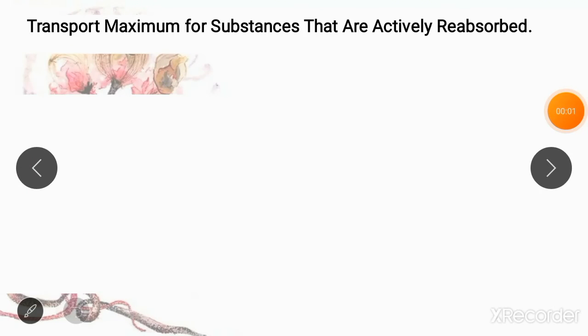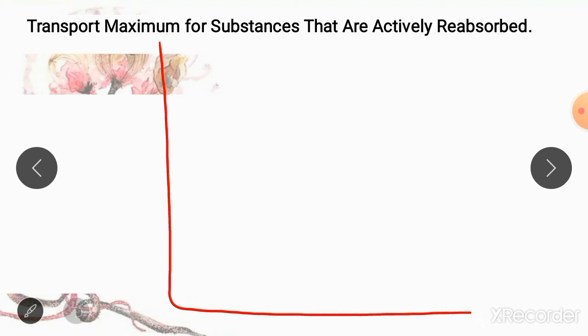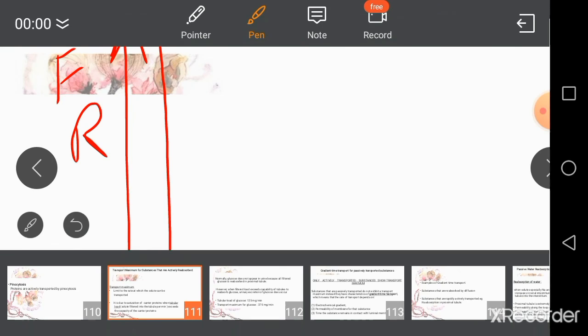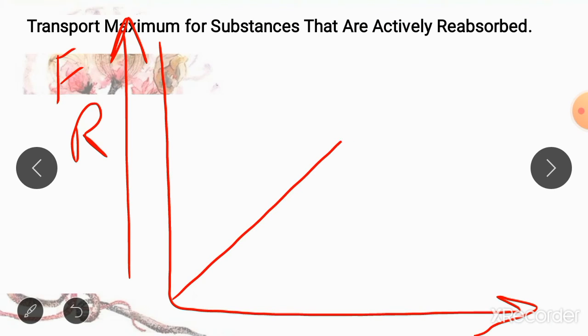So in this graph we have the plasma concentration of glucose on the x-axis, and on the y-axis we have the amount of glucose which is being filtered, reabsorbed and excreted. You know that no matter how high the concentration of glucose is in your plasma, all of it is going to be filtered into your Bowman's capsule.